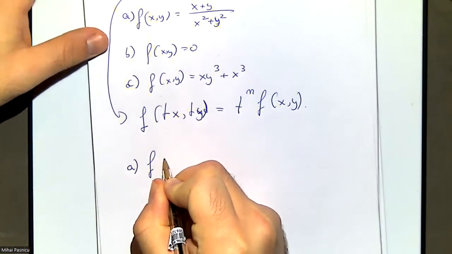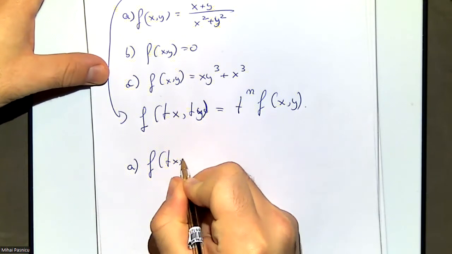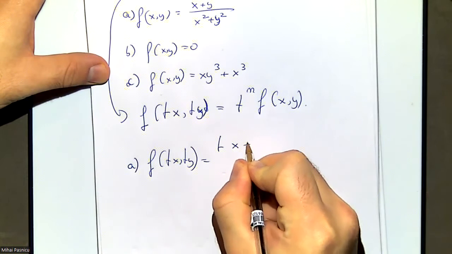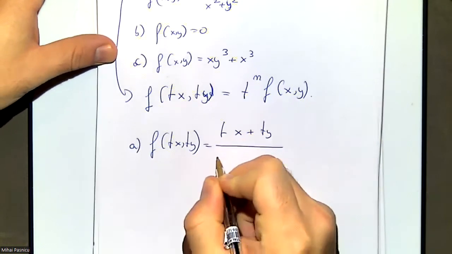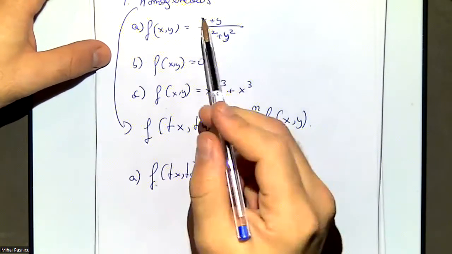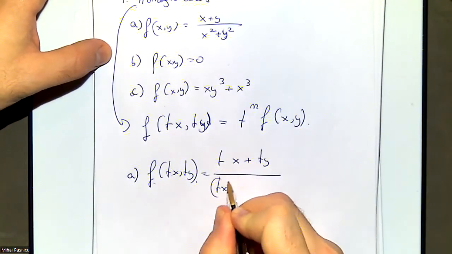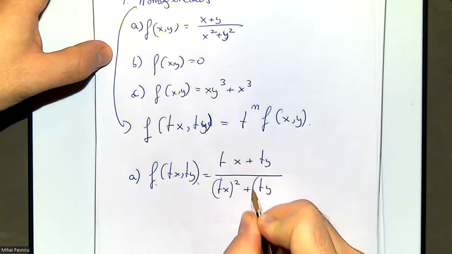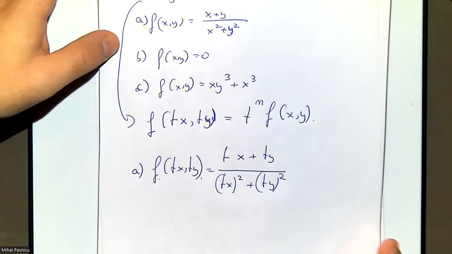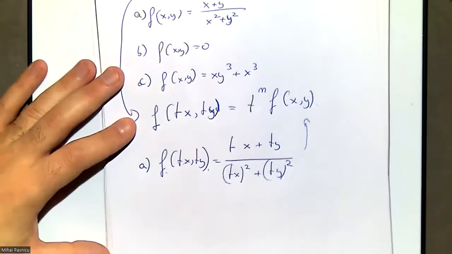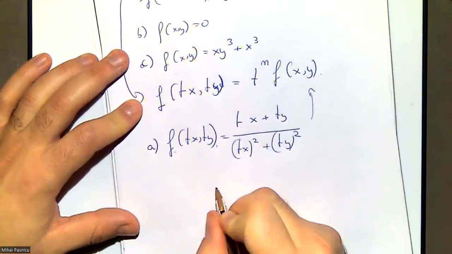The procedure is quite simple. You just put tx, ty, and see what you get. There's not much I can say here. So I plug in tx and ty instead of my x and y up top, and I get tx plus ty, tx everything squared, plus ty everything squared. And I would ideally want to bring it to something of that shape. Okay? So let's see if we can do something.